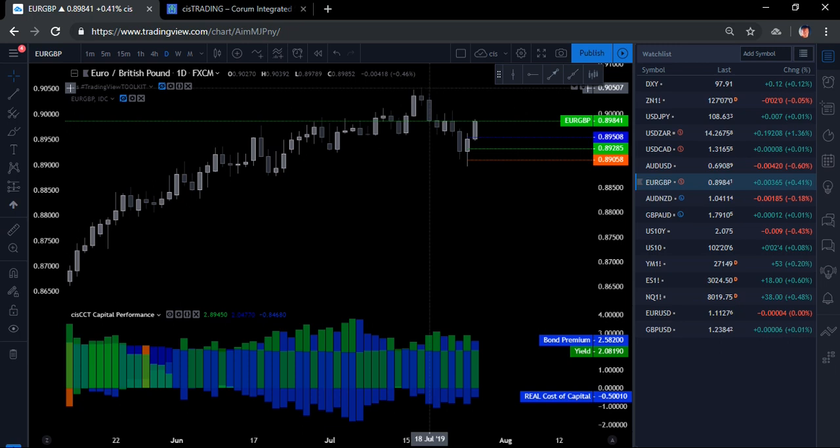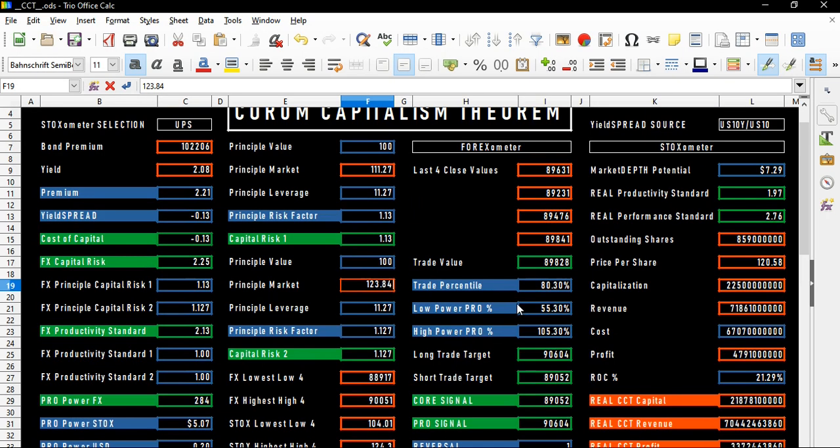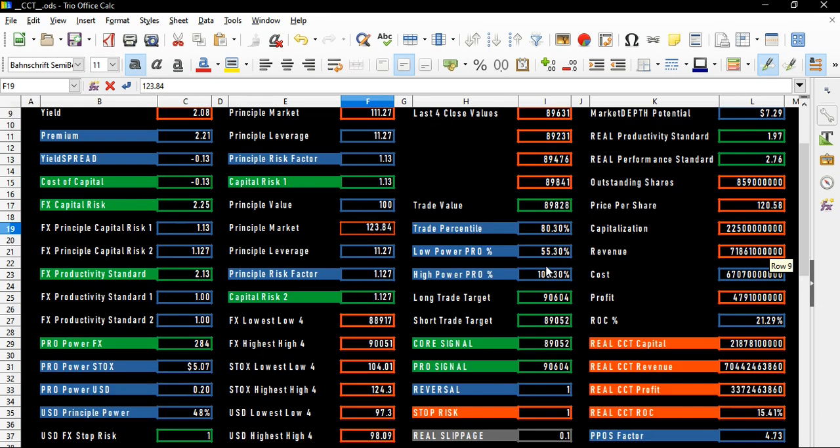All right, now when you plug all these values into the CIS CCT Pro Calculator TradeFOCUS spreadsheet, the Forexometer will calculate your trade value, in other words, where you should be, where your percentile is for your low target, high target, and your current trade.